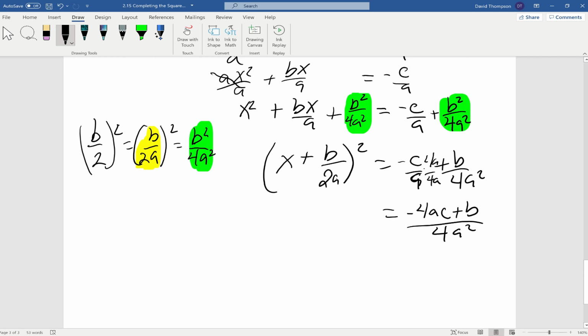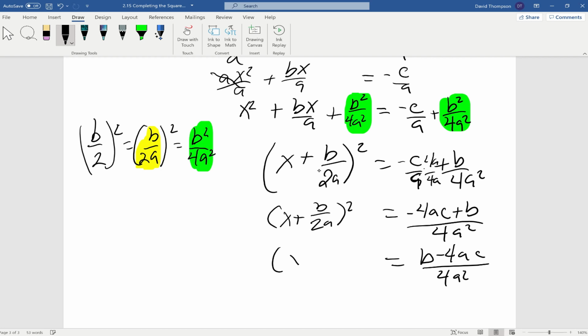So it's already starting to look like the quadratic formula. So we can move the b squared in the front. So it'll be b squared minus 4ac over 4a squared. And just bring down this x plus b over 2a squared.